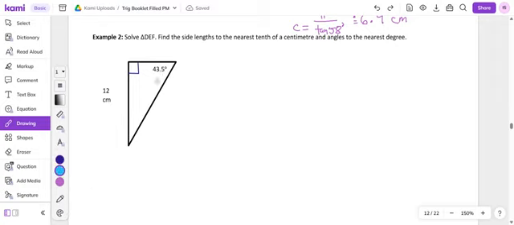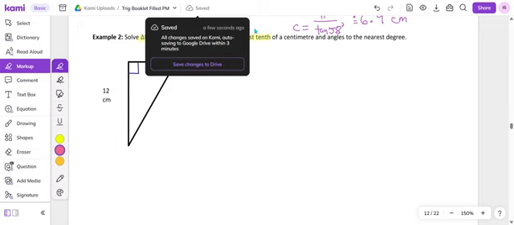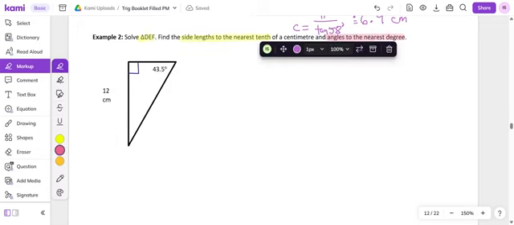First thing I like to do is to label the triangle. As we read with our highlighters, it says solve triangle DEF. Find the side lengths to the nearest tenth of a centimeter and angles to the nearest degree.